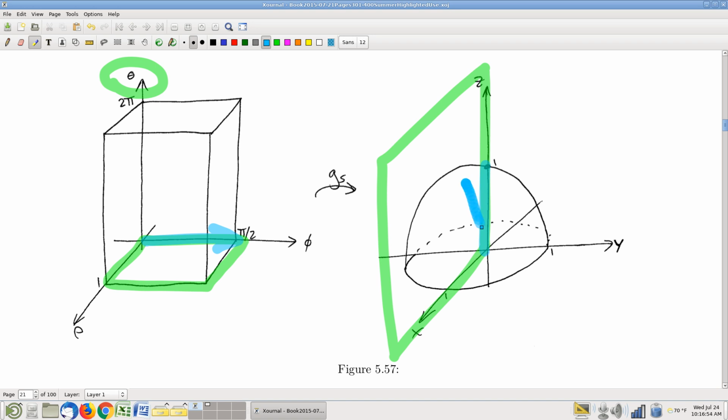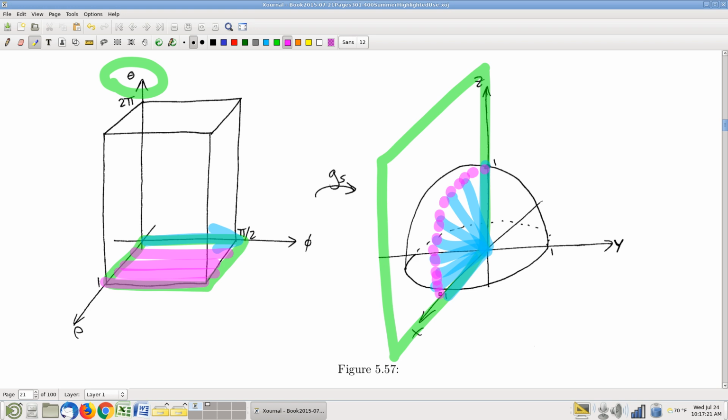There's phi equals 0. Here's phi going down to pi over 2. Right? And then phi ranges from 0 to pi over 2 over each value of rho. Rho goes from 0 to 1. So in each one of these directions, rho goes all the way out to 1.